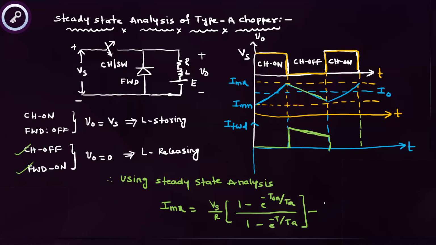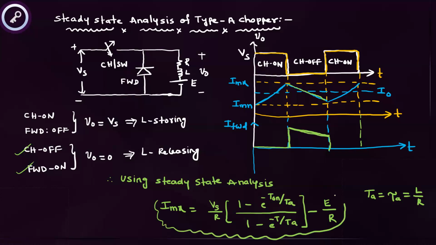By derivation only we can get this one. What is Ta here? Ta, also called tau A, is the time constant of the RL circuit, that is L by R. This is the maximum current expression, which we get by doing the steady state analysis for the chopper.